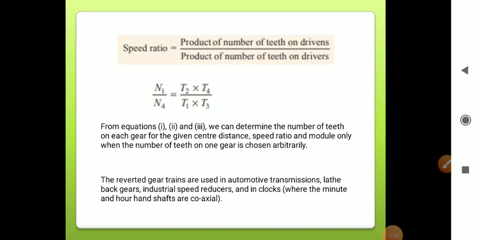Again, the main purpose is clocks. In clocks, the hour hand and minute hand rotate in the same direction, not in the opposite direction, so to rotate in the same direction we use the reverted gear train. These are the applications.